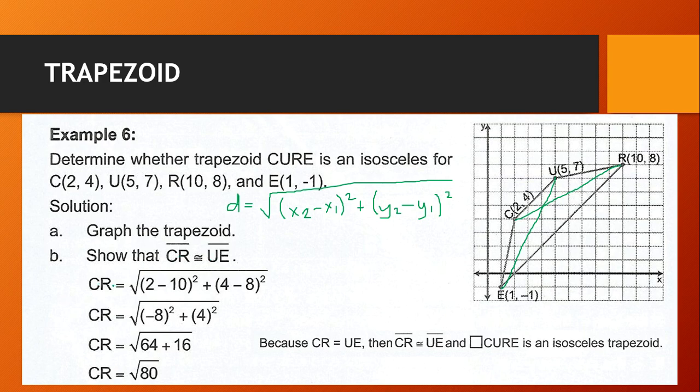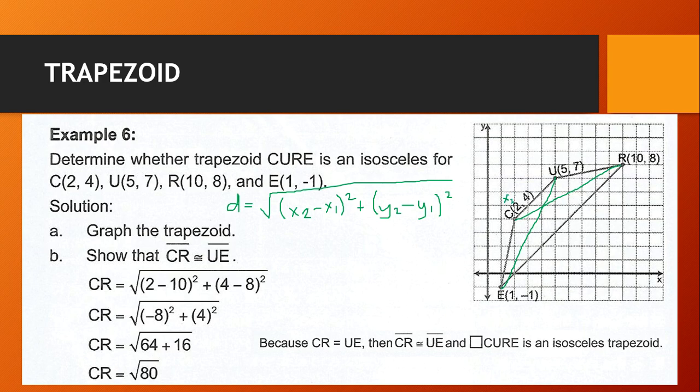So, CR equals, let us substitute all the x's and the y's. Let's assign the x sub 2 and the x sub 1. Since C comes first, it is expected that its x value, 2, is the x sub 2.